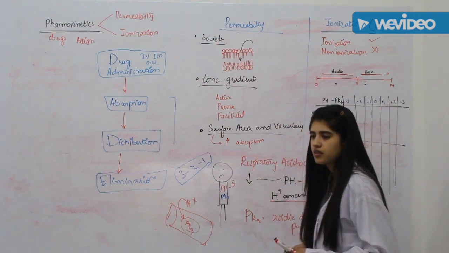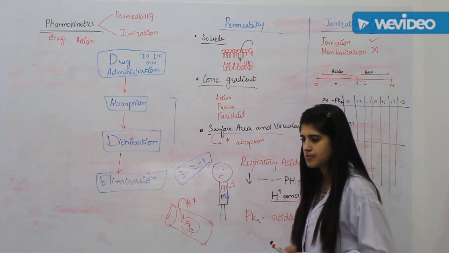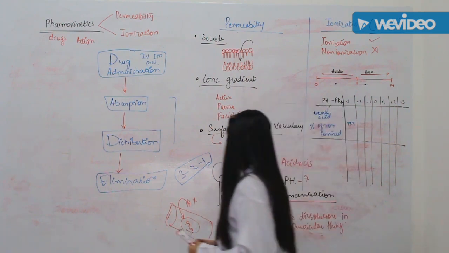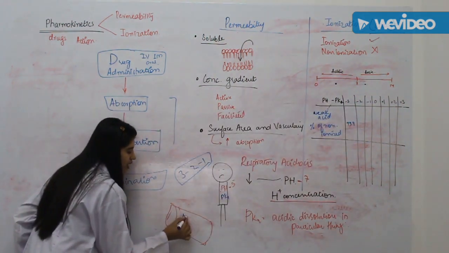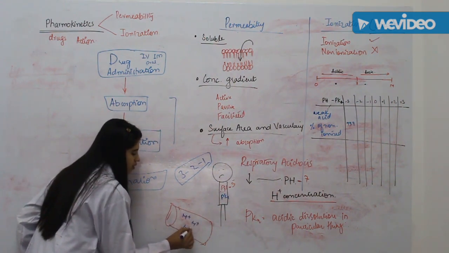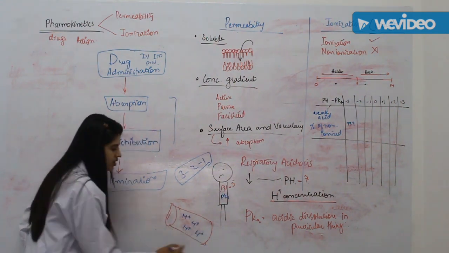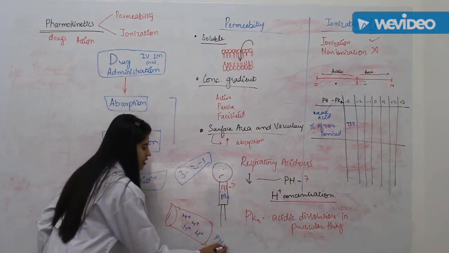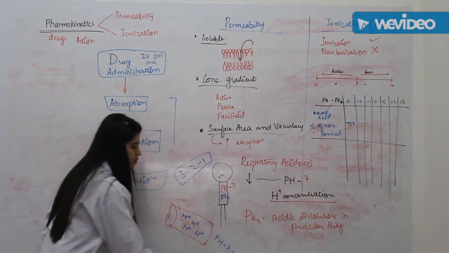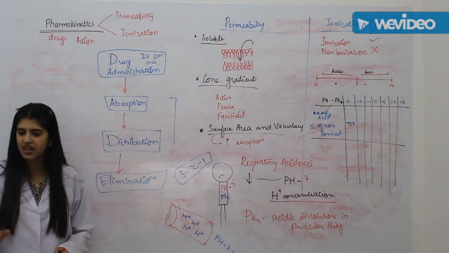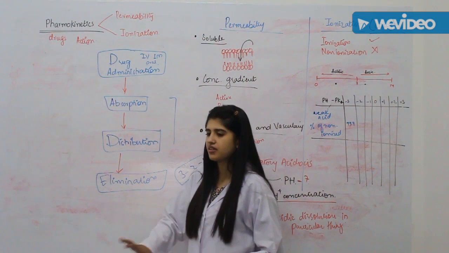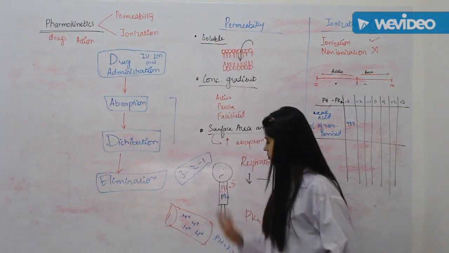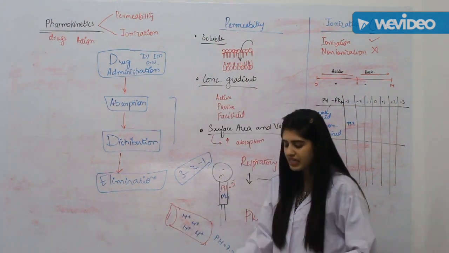If I take a sample of blood, then how can I differentiate that this is the pH of the blood and this is the pKa of the blood? Okay, this is the blood in which normal hydrogen ions are present. This is the pH. For example, 7.2. You get it? We got the sample, put it in the test tube, and said that this is the pH of blood, which normally it is.